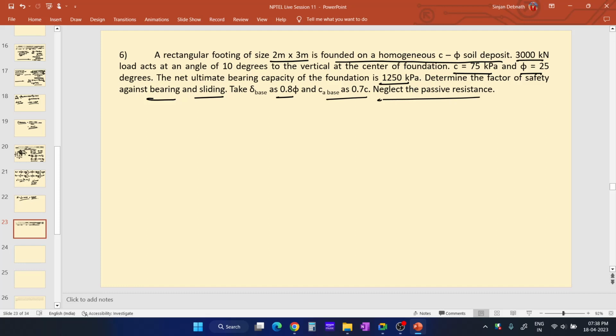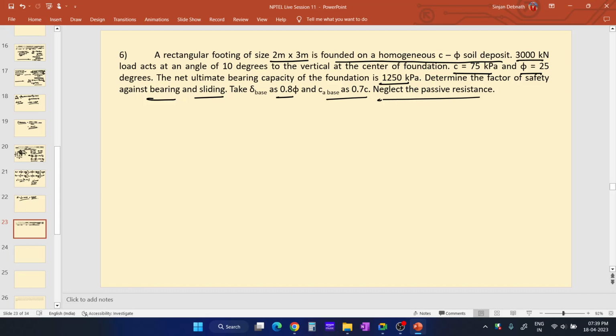We need to check the factor of safety against bearing by using the vertical component, and the horizontal component will try to slide the foundation. So we need to check the factor of safety against sliding by using that horizontal component. So delta base equal to 0.85 phi and C adhesion of base is 0.7 C.